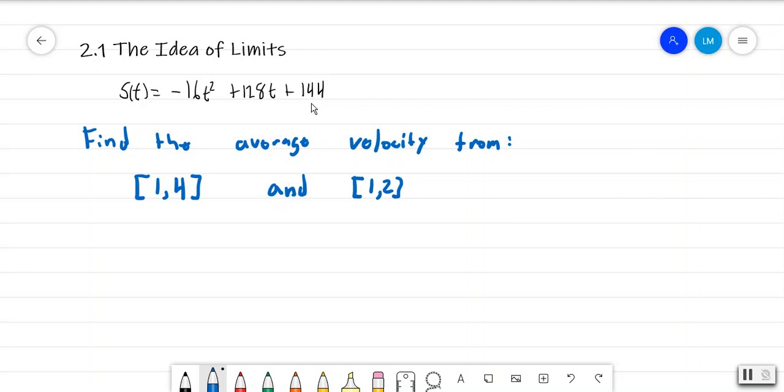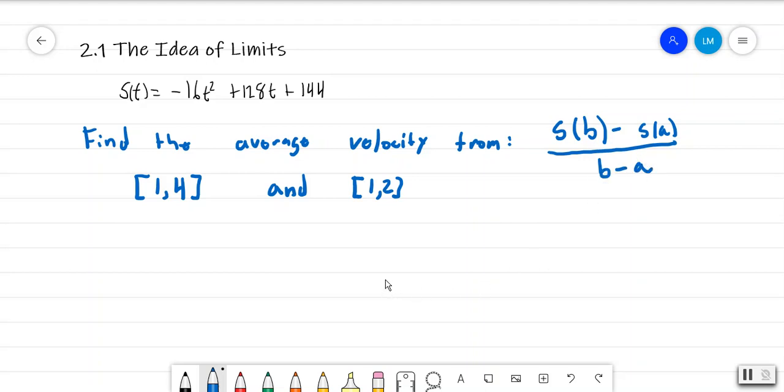to get the idea of a limit is to first look at what we call the average velocity. Now, when we talk about the average velocity, it is given by s of b minus s of a, divided by b minus a.